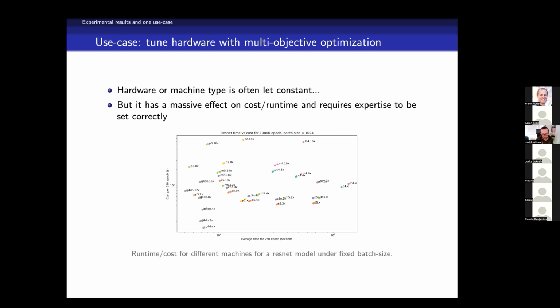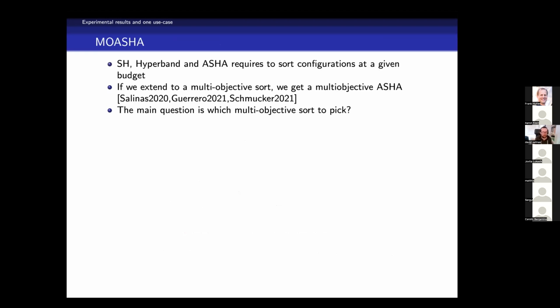Just to describe the method that is currently implemented in Syne Tune, it's called MOASHA. If you look at successive halving, Hyperband or ASHA, you can realize that the only thing you need to do is to sort configurations at a given time or budget. It doesn't work for multiple objectives out of the box, because you don't know how to sort multiple objectives.